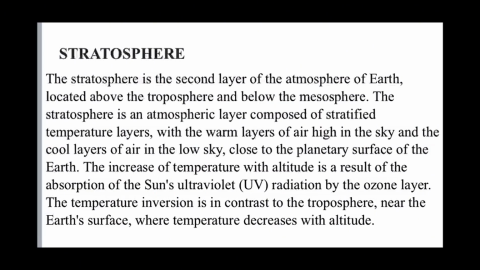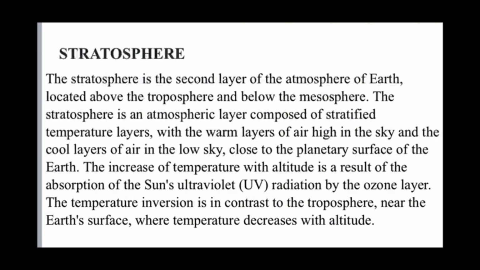The increase of temperature with altitude is the result of the absorption of the sun's ultraviolet UV radiation by the ozone layer. The temperature inversion is in contrast to the troposphere near the Earth's surface, where temperature decreases with altitude.